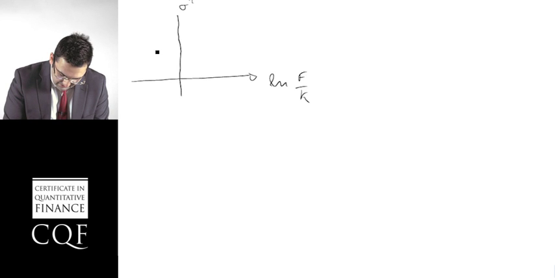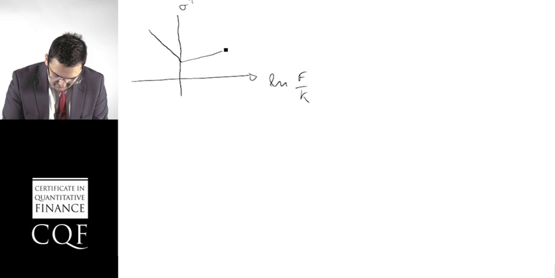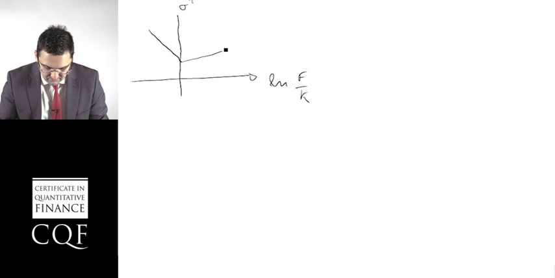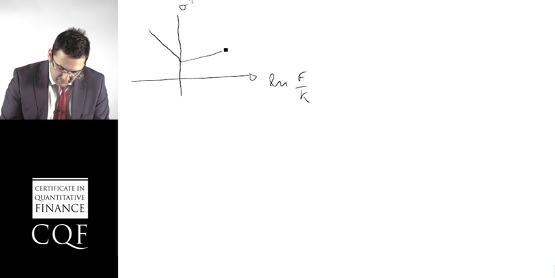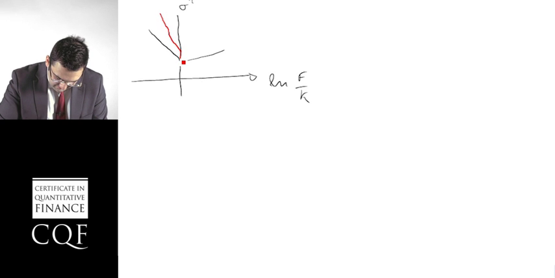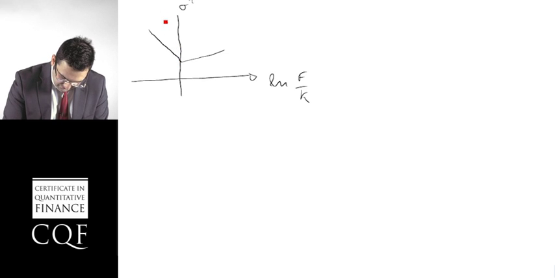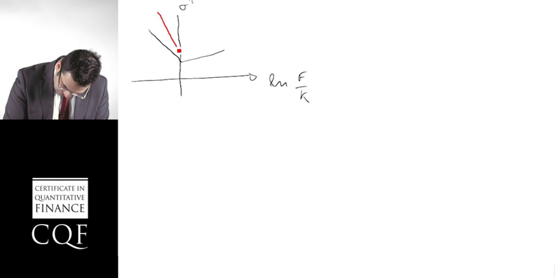Your current implied vol maybe looks something like this. It's really exaggerated, but for the sake of making sure we understand each other. But you feel that on average, your implied vol looks more like something like that. Sorry, it's really difficult to draw straight lines here.